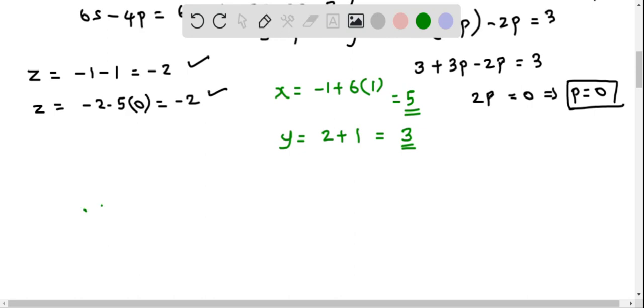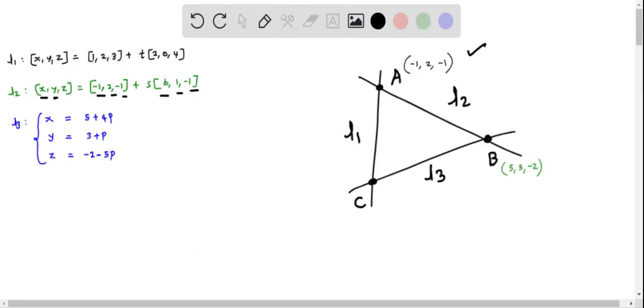So therefore the point B, which is x comma y comma z, x is 5, y is 3, and z we already determined as negative 2. So 5 comma 3 comma minus 2 is the intersection point B. So here I have marked the vertex P as 5 comma 3 comma negative 2.